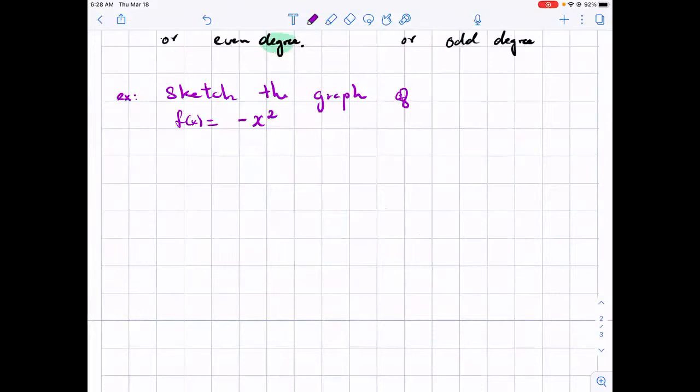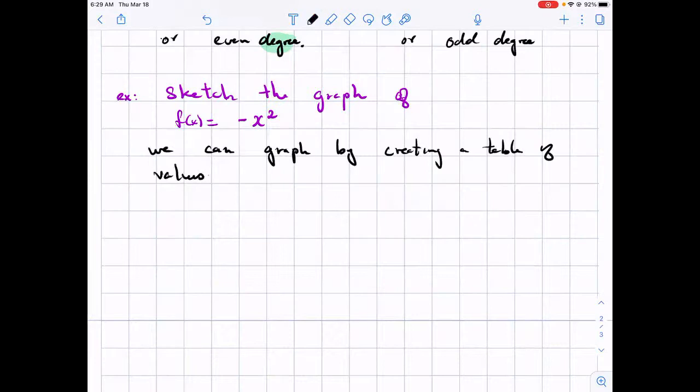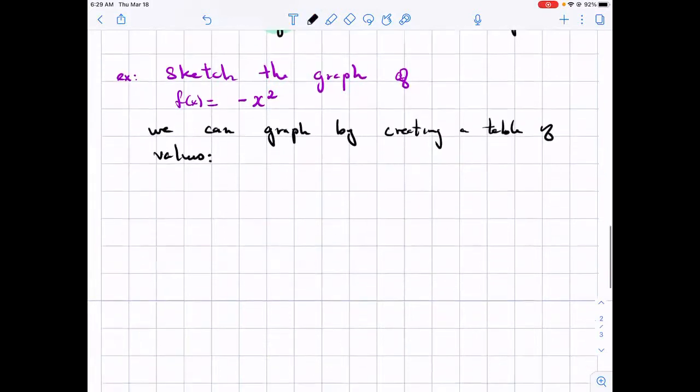If we're asked to sketch the graph of minus x squared, one of the things we can do is graph by creating a table of values. Now you have to be careful because whilst creating a table of values, remember these graphs are not linear.